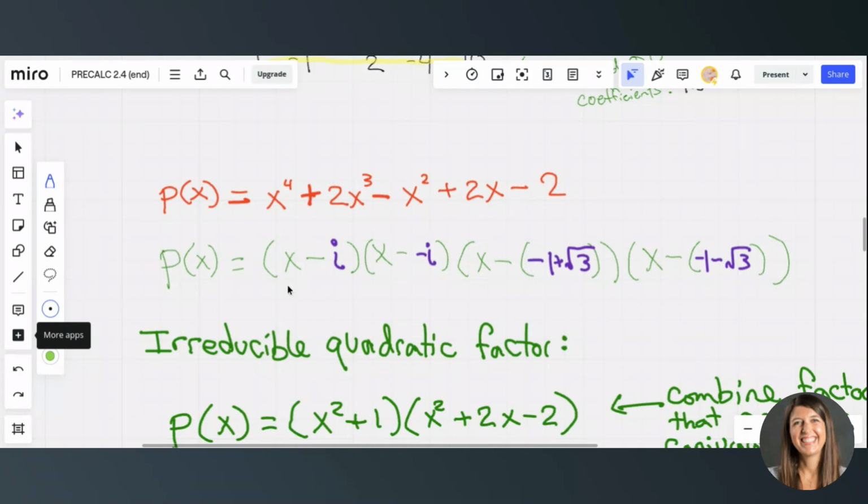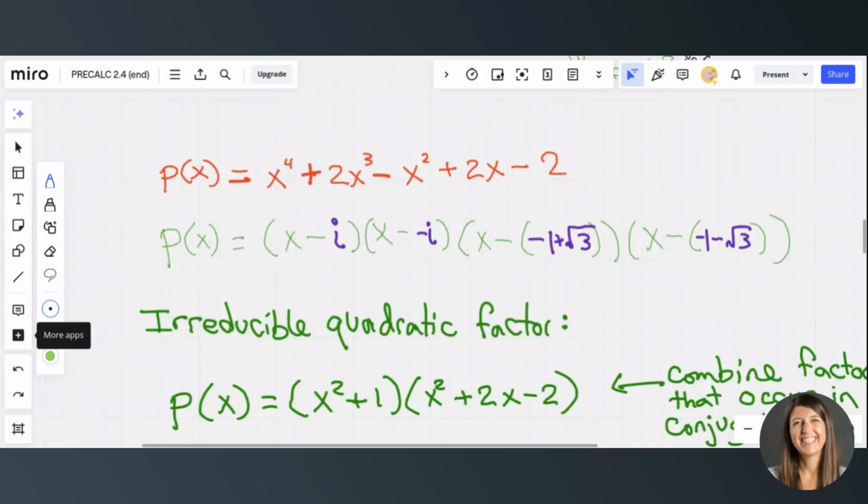So there are 4 roots. So if I have the roots, then I know the factors. So it's x minus i, x minus negative i, which would be x plus i. Then it would be x minus negative 1 plus root 3, and then x minus negative 1 minus root 3. Now I can easily, hopefully, reduce this and FOIL it to be x squared plus 1.